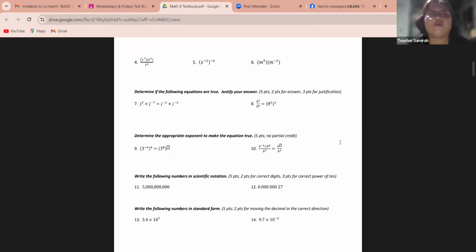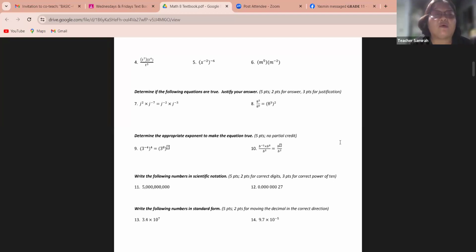If you do, then this must be true. But if you will not arrive at the same answer, then this must be false. So what do you think will be your answer for number 7? Try to justify your answer. Try to solve it so that we can see if the answer is true.